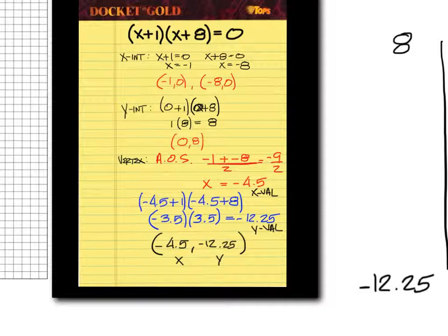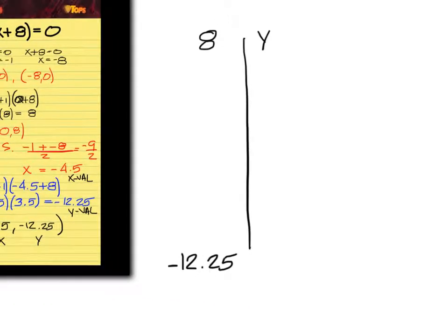What is the lowest? Negative 4.5. Are you sure? Negative 8. So it has to go from the left, negative 8, and then over to 0. Here's 0, here's negative 8.